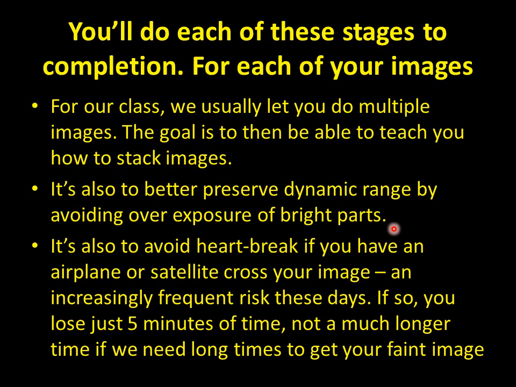But suppose you're taking one single image and then an airplane crosses in the last 20 seconds. Well, your entire image is now gone. You've got to start totally over. At worst, you're only going to lose 5 minutes at a time if a satellite or airplane crosses. And you wouldn't want to lose any more than that, because then you start getting upset, and we don't want to see you upset.